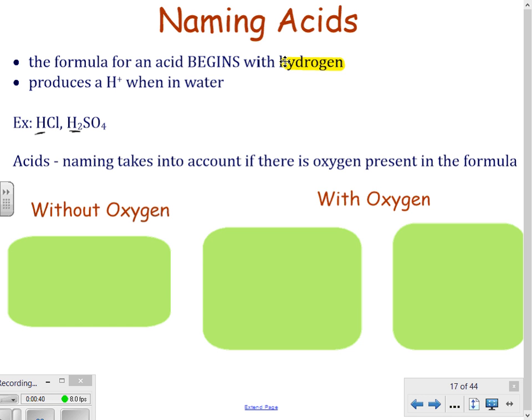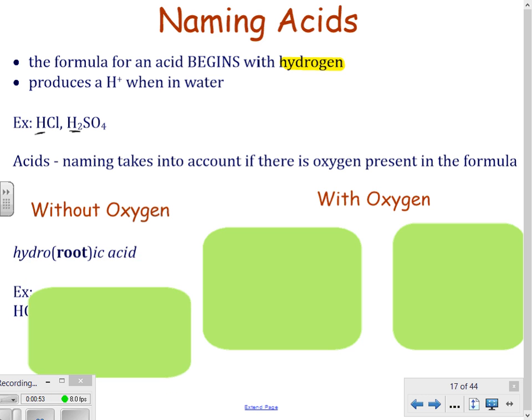When we name an acid, we have to know if there's oxygen present in the formula. So we have three different ways to name our acids. We're going to start with the ones that do not contain oxygen. When you name an acid that does not contain oxygen, we're looking at an anion, because everything's going to have hydrogen, so that can't play a part in naming. So we're going to look at just the anion.